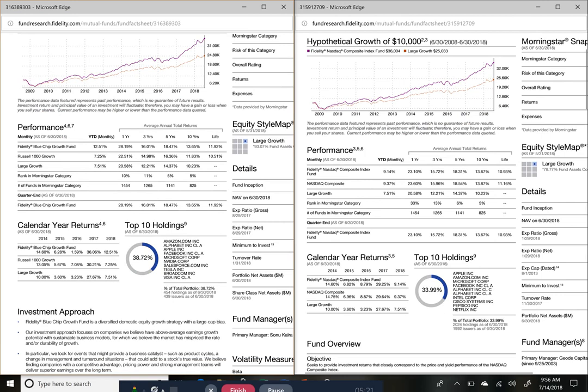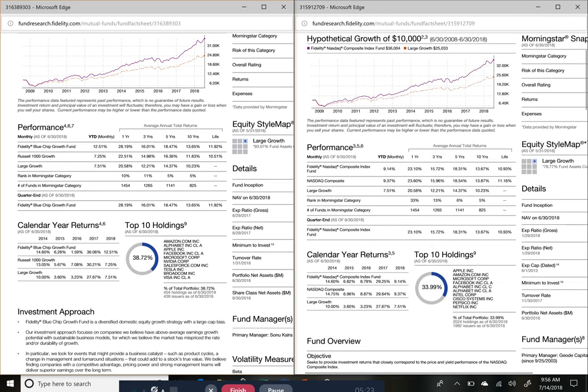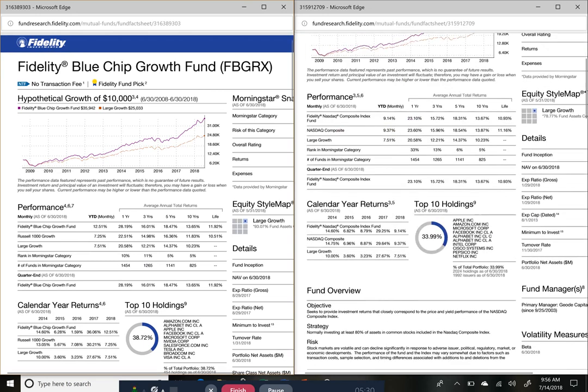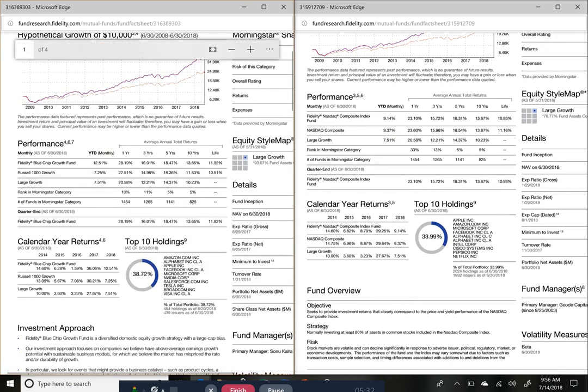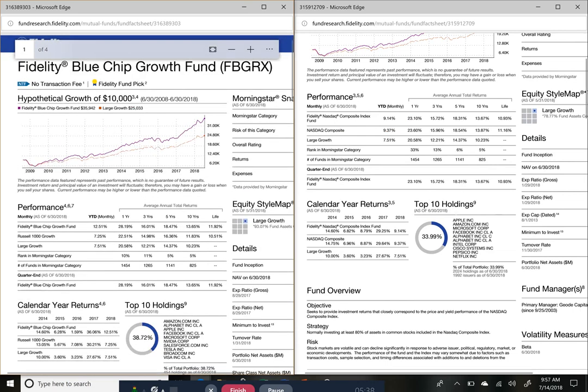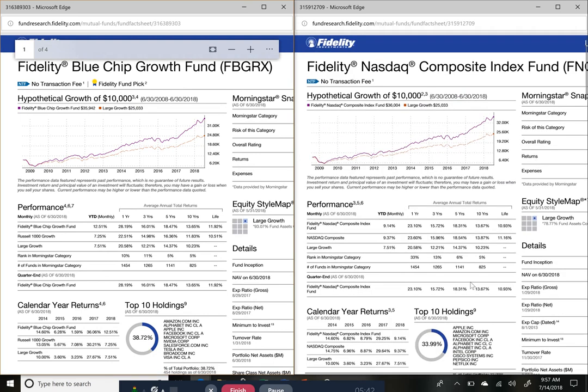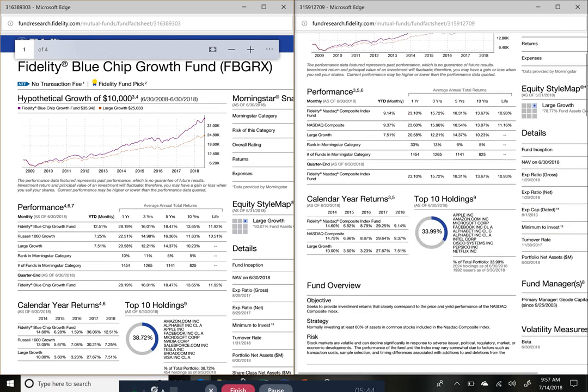They look very similar to the eye, and you can see that their trends are the same, very similar funds, but you can see here that we have 454 holdings in the Fidelity Blue Chip Growth Fund, and we have 2,024 holdings in the NASDAQ Composite Index Fund. And to me, I like that diversification.